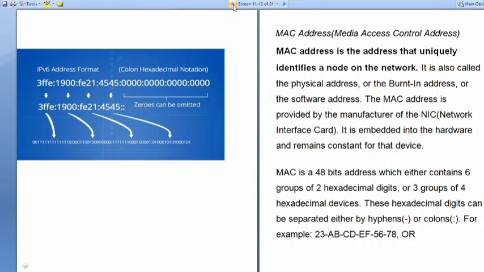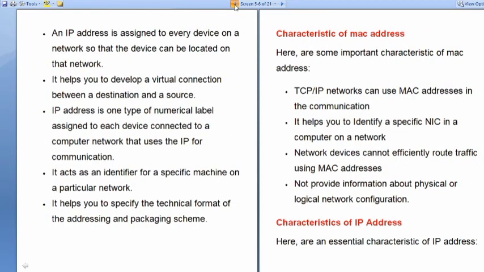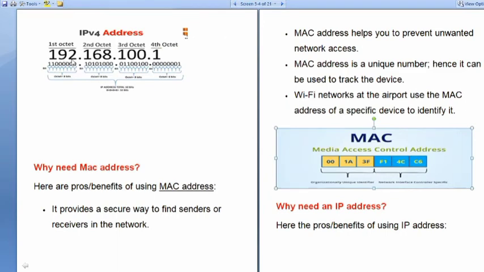So as you can see, this is a certain kind of IPv6 address. IPv6 has colons, whereas IPv4 addressing uses dots to separate them, that is dotted decimal notation. Whereas the MAC address is of hexadecimal format.